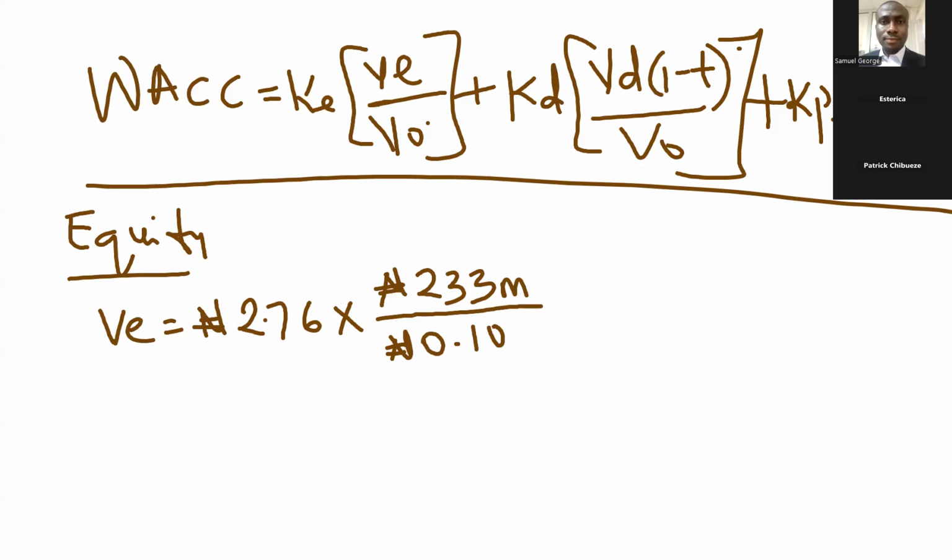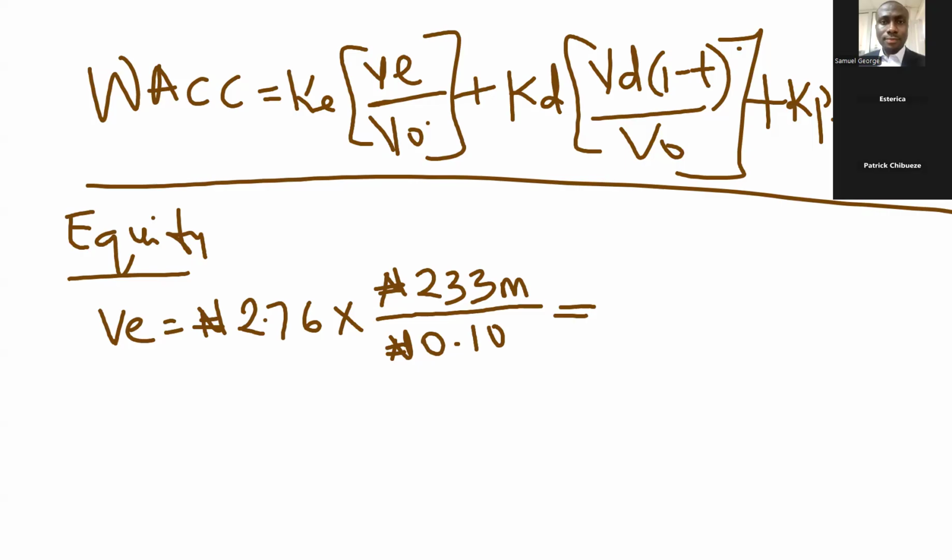If dividend per share is 1 naira and total dividend is 300 million naira, I will just do 300 million naira divided by 1 naira. So the total number of shares is 300 million shares. That's how I got the number of shares in that regard. So I just want you to be aware and be ready for this.